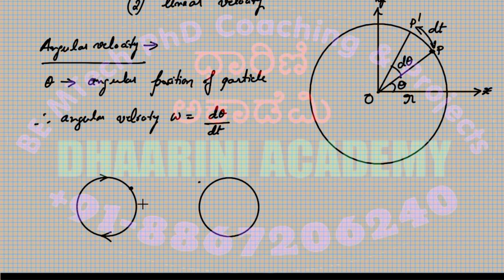At this point, it is a tangent drawn at that point. So this is the direction of velocity. Let me consider another motion. This is anti-clockwise. So if we have an object located here, we can mark the velocity in this direction. It's a tangent.